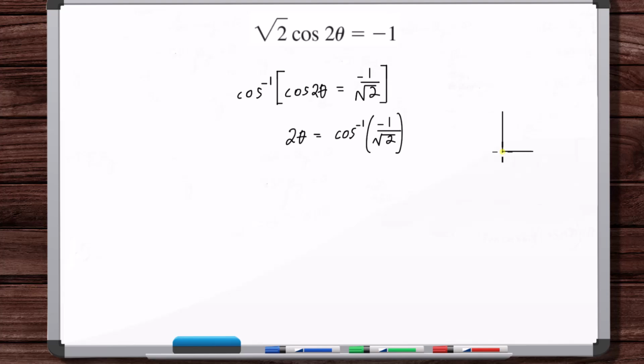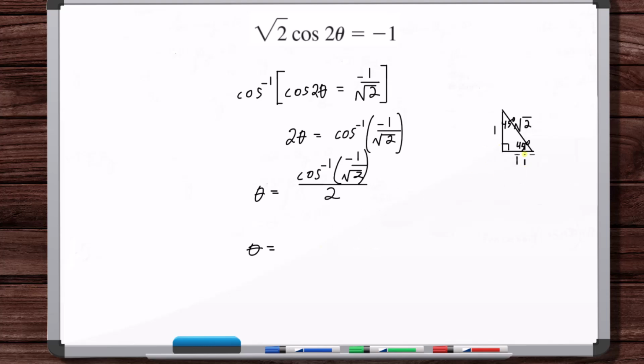Okay, now if we think about the 45, 45, 90 triangle, so cosine of 45 is 1 over root 2. We have minus 1 over root 2, so let me divide both sides by 2. Okay, so theta, cosine is negative in the second and third quadrants.